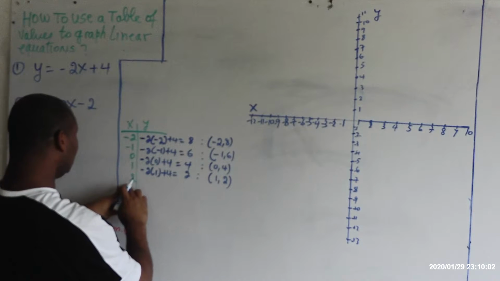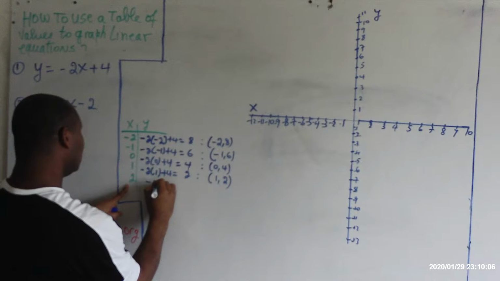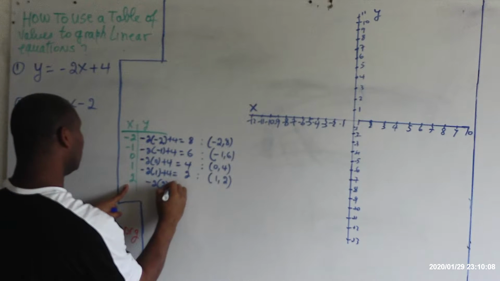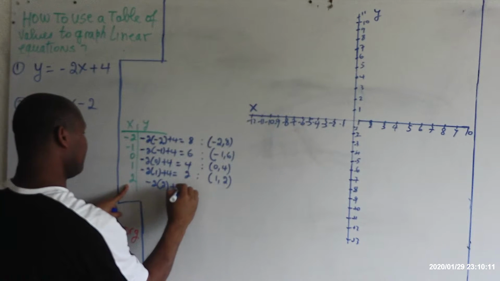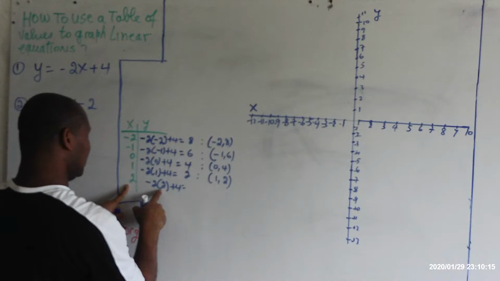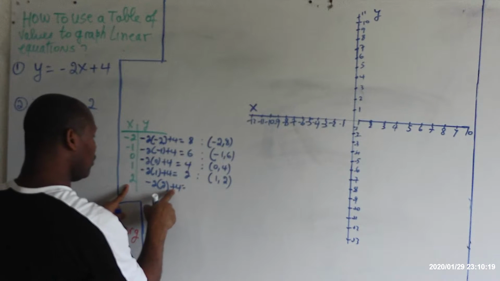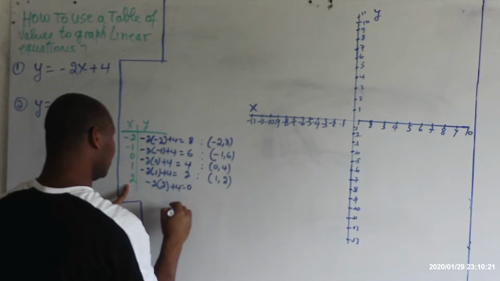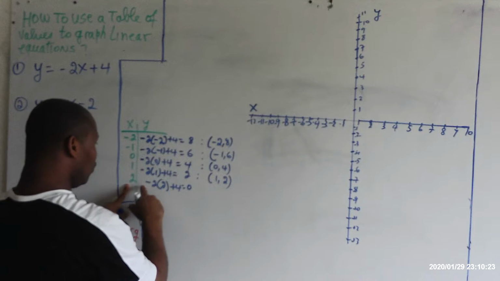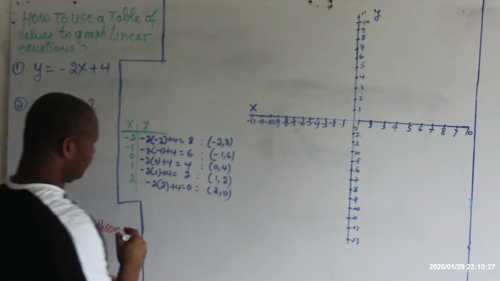So let's replace 2. It's going to be -2 times 2 plus 4. That's -4 plus 4, that's 0. So the coordinate is going to be 2 and 0.